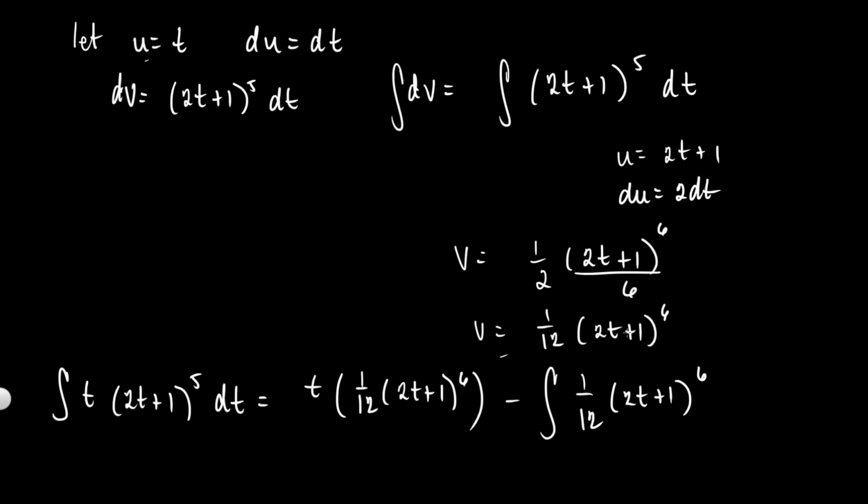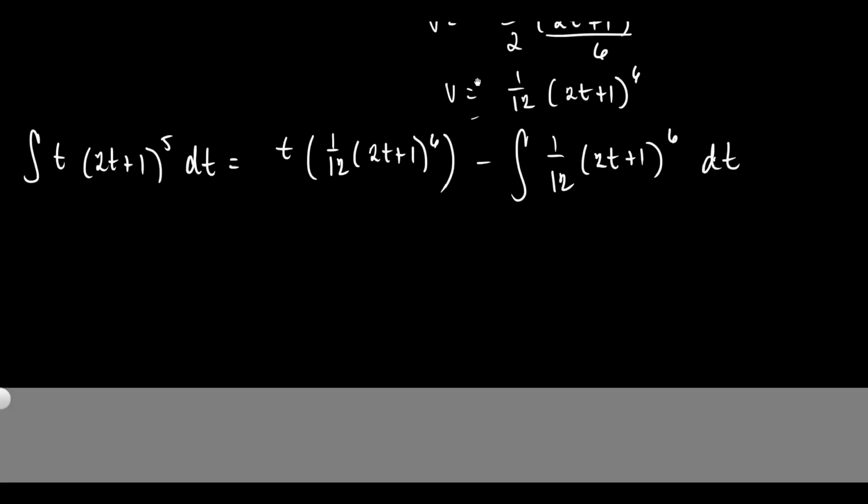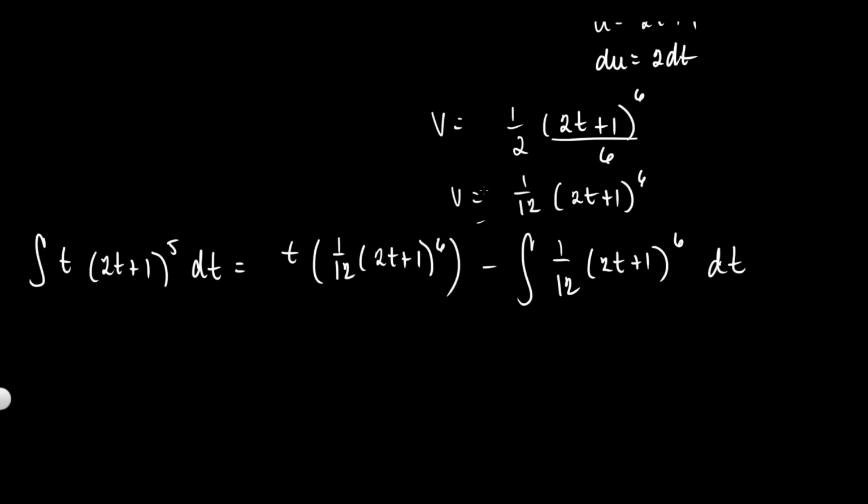What's du? Du is dt. There. Okay, next. So this is equal to t over 12 times 2t plus 1 raised to 6.